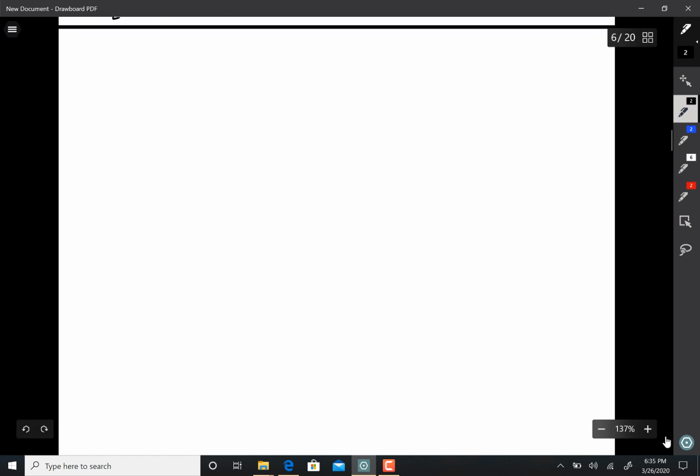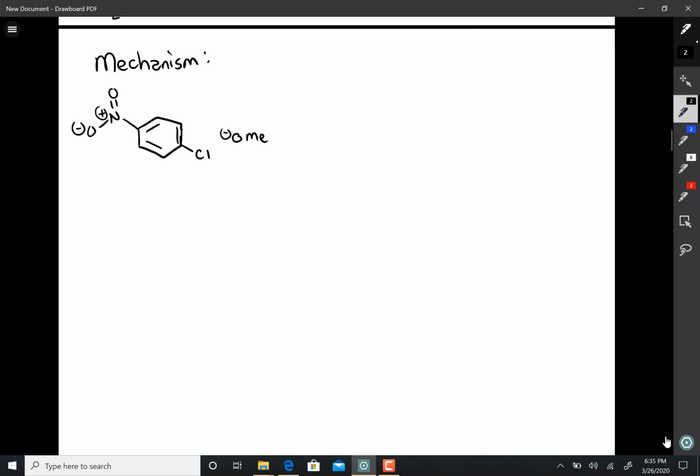So, the mechanism of this. This mechanism is actually reminiscent of the carbonyl chemistry mechanism with a strongly basic nucleophile.